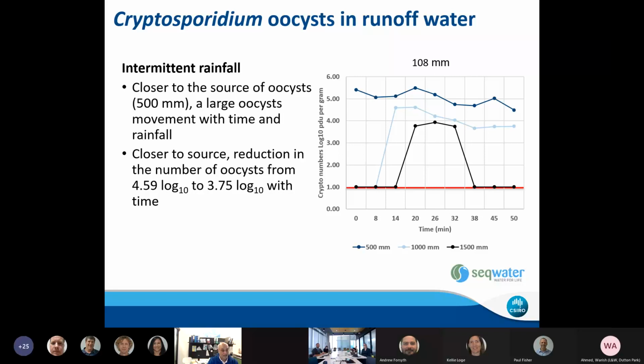And at 1.5 meter, we did see Cryptosporidium after 20 minutes. After that, with this amount of rainfall during the duration of 50 minutes, we saw 3 instances where the Cryptosporidium was present at the same level, which is about 4 logs. And after that, we did not see any Cryptosporidium in there. Next slide, please.